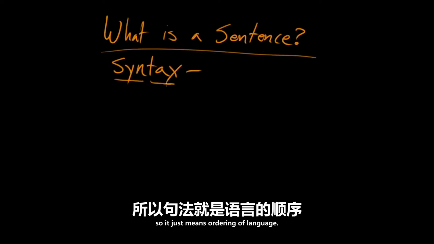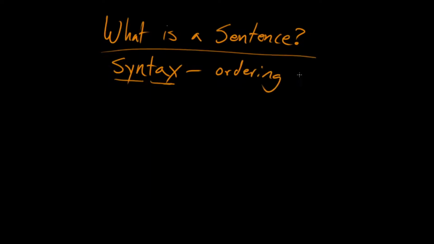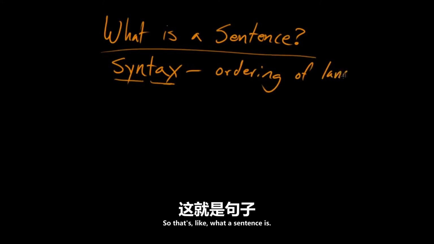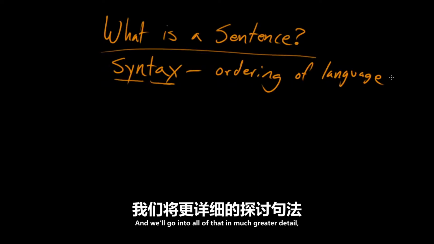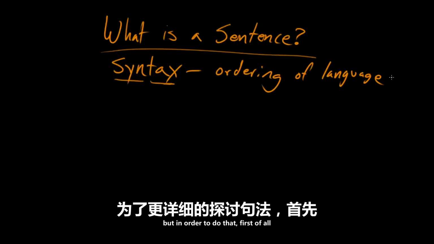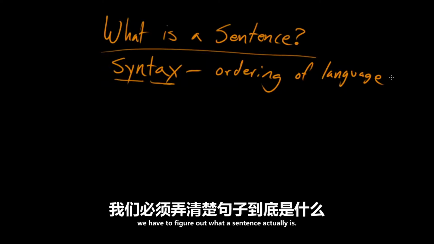So it just means ordering of language. That's what a sentence is. It's what the components of a sentence are. And we'll go into all of that in much greater detail. But in order to do that, first of all, we have to figure out what a sentence actually is.